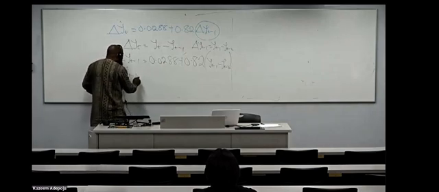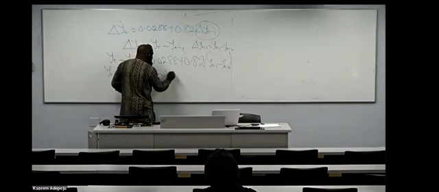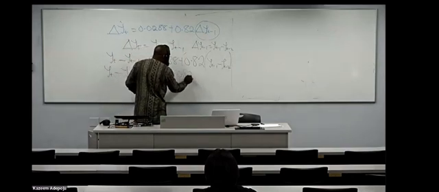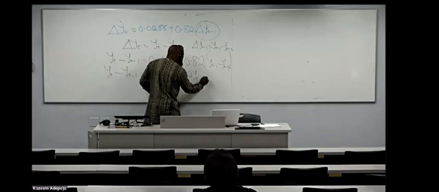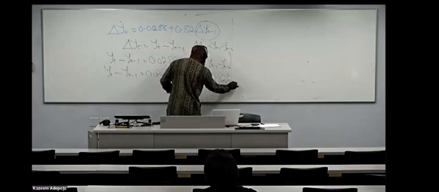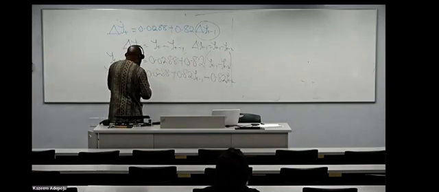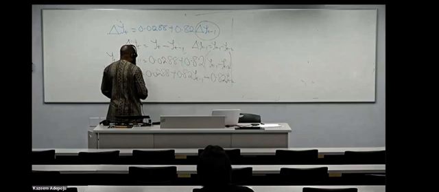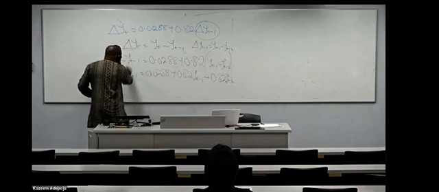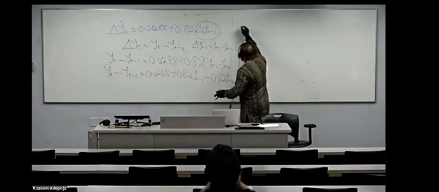So this equals 0.0288 plus 0.82 yt minus 1 minus 0.82 yt minus 2. So now there's a yt here, so this can go to the other side, because we want to leave our result in terms of yt.